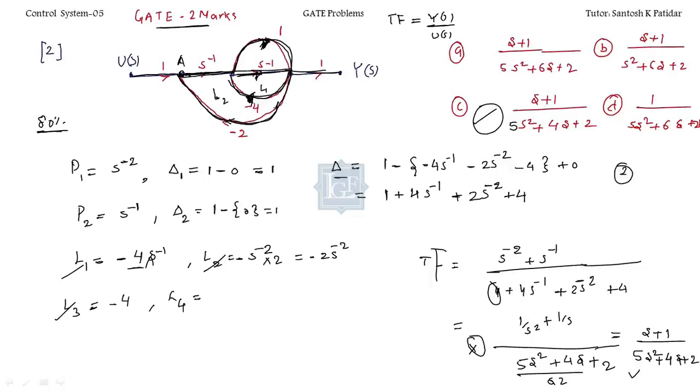This is another loop given over here, this one. This is L4 and the gain of this loop is minus 2s inverse. So definitely this term will also come over here. So finally you'll get 6 over here and your answer will be s plus 1 divided by 5s square plus 6s plus 2. This is your transfer function.